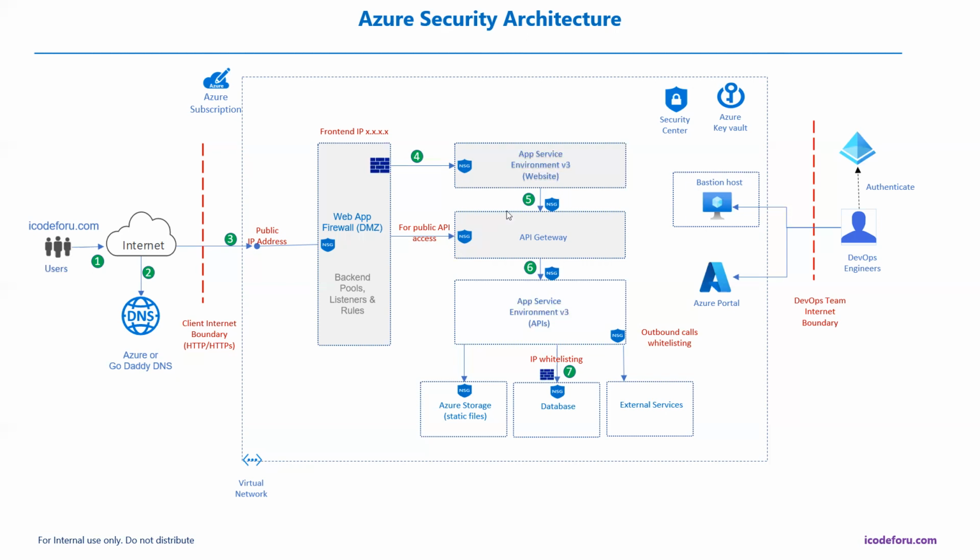So the API management here is going to behave for the public API calls, and also for the internal API calls coming from this app service environment, so this web tier where the website is hosted. I'm going to take those in detail, like how the same application gateway or API management instance will be configured for public facing external access and also internal access for the internal website calls.